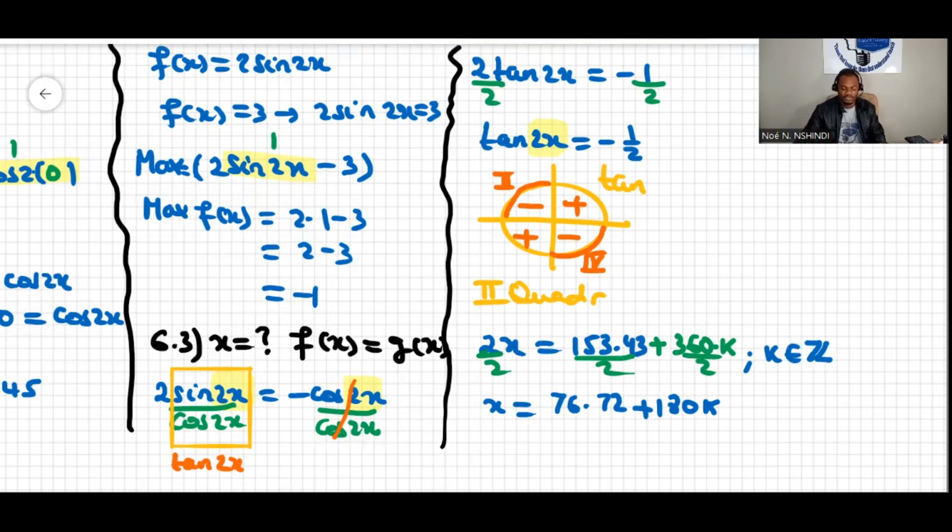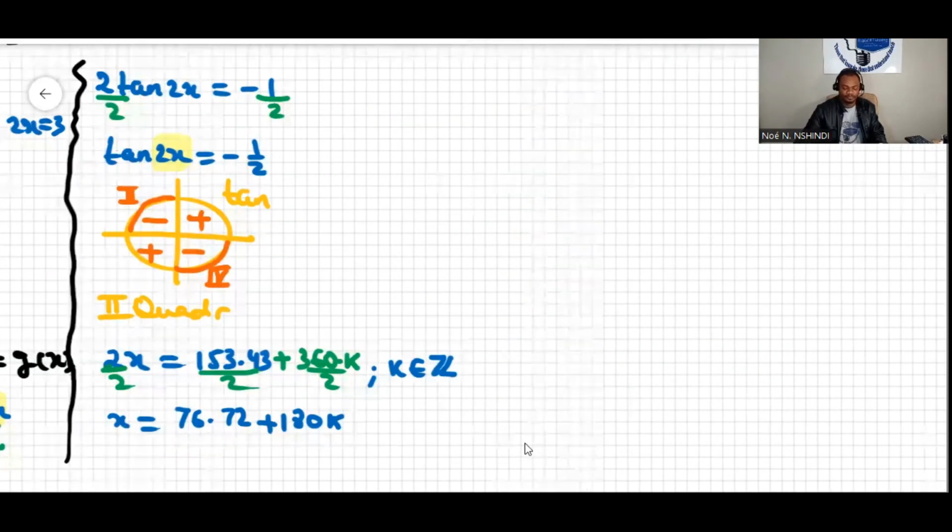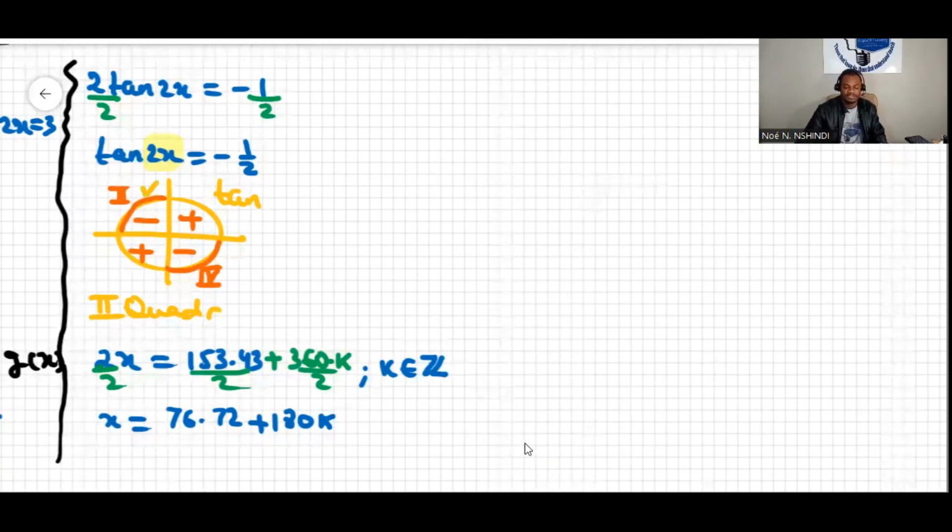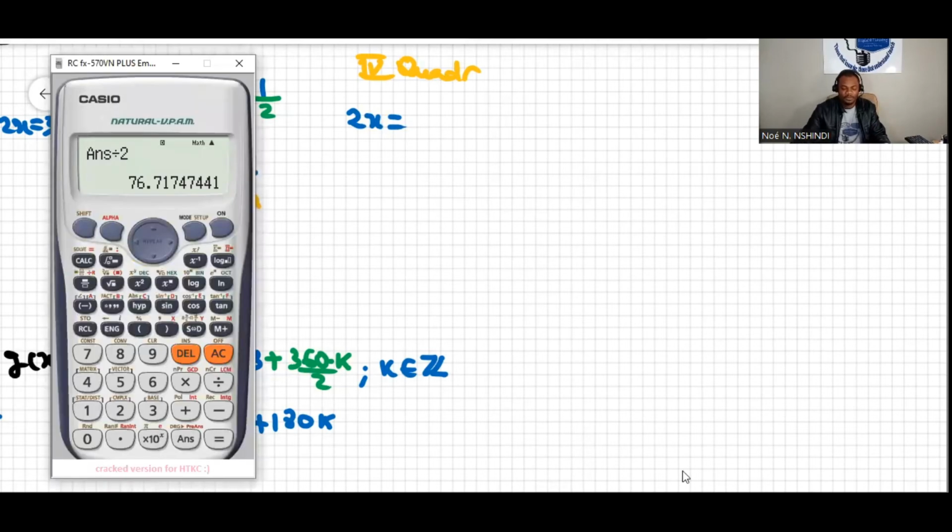Now on the fourth quadrant, I want to do it over here. So we did this part. Now on the fourth quadrant, we will say 2x will be equal to, remember we got negative, okay, let's do it again. You press shift and then tan of negative a half, close bracket, equal to that.